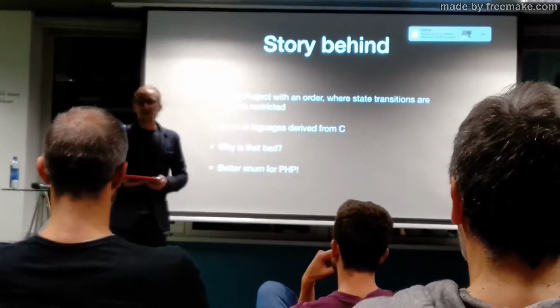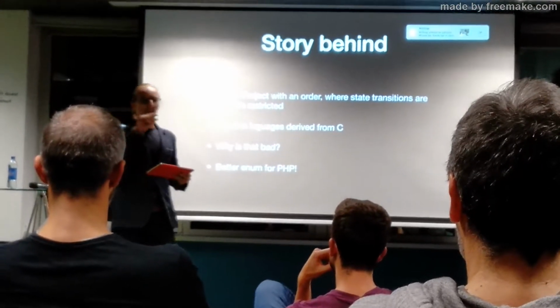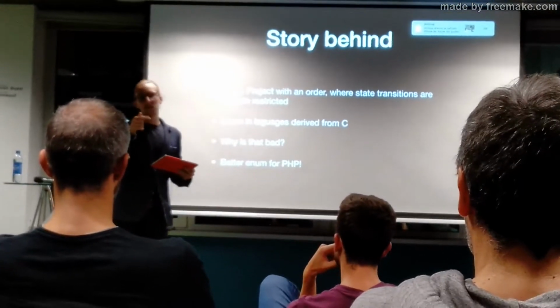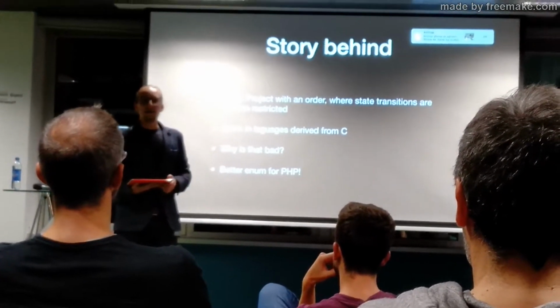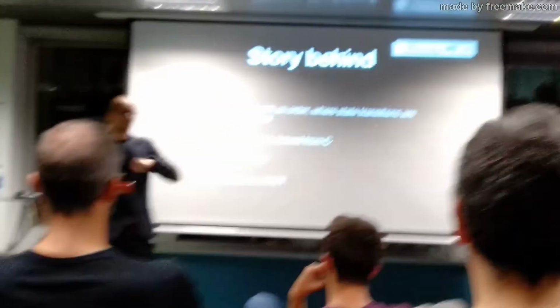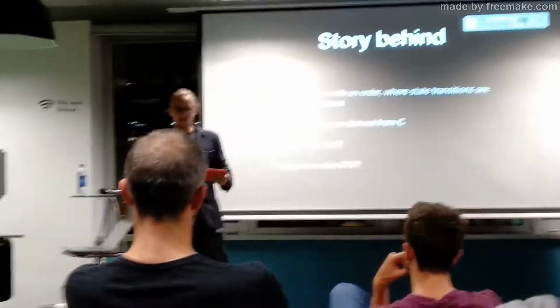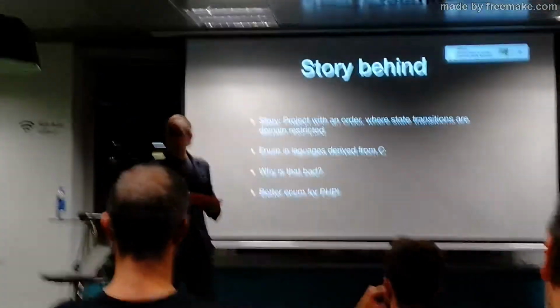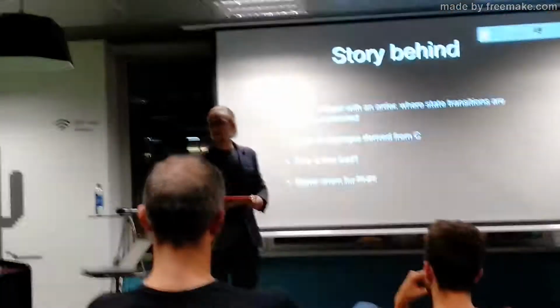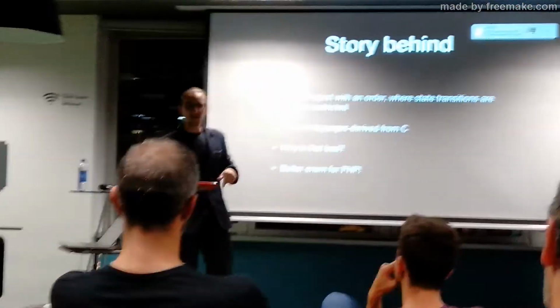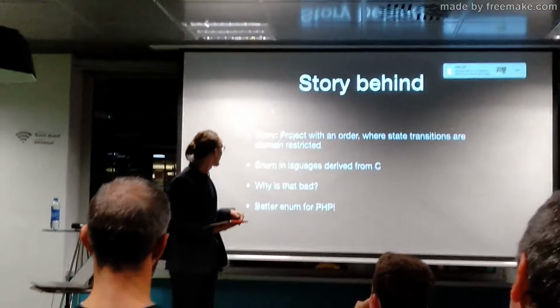This project was about orders, and you have a new order, and then this state transitions into preparing and delivering and cancel. There are only a few valid ways you can go through these states. And this is where I actually explored that stupid constants with integer for state is not enough.